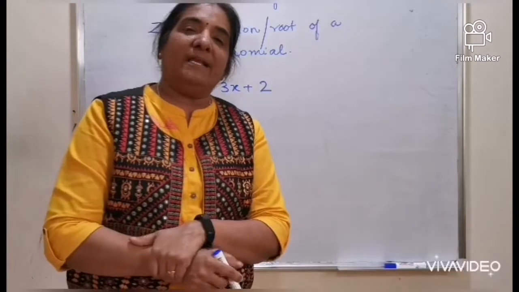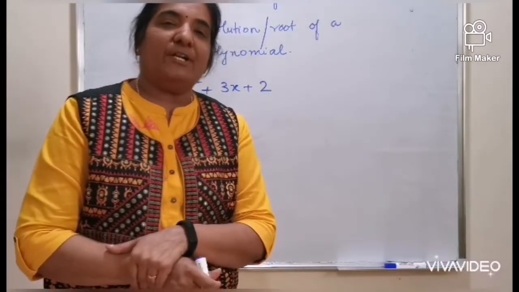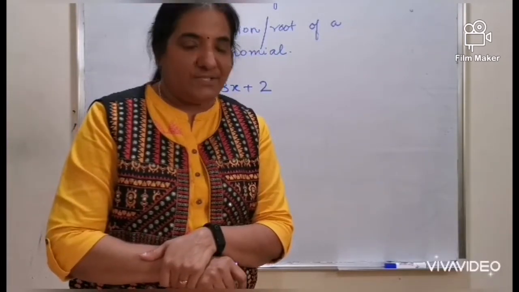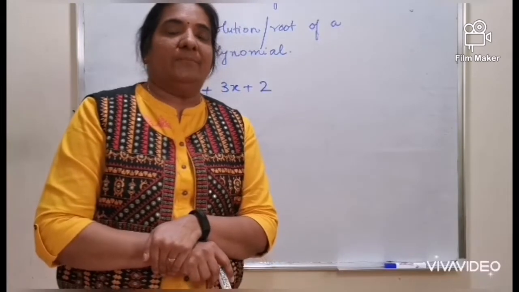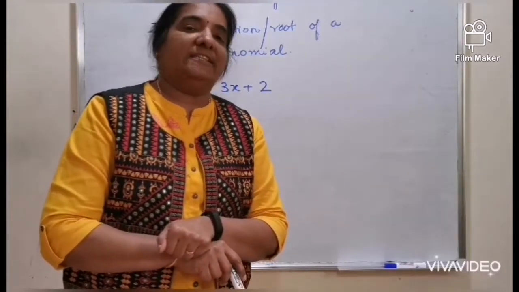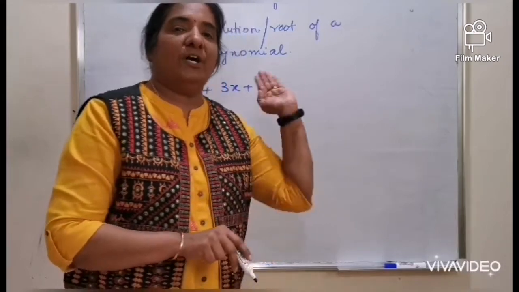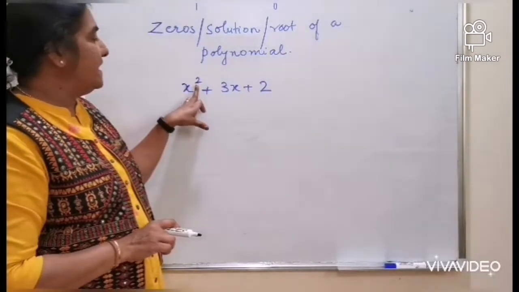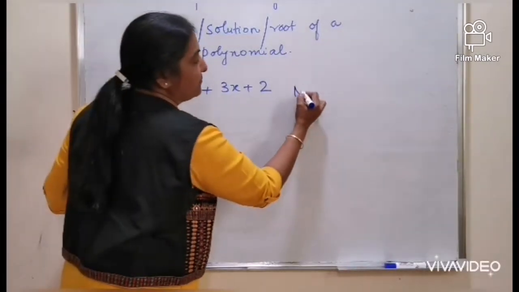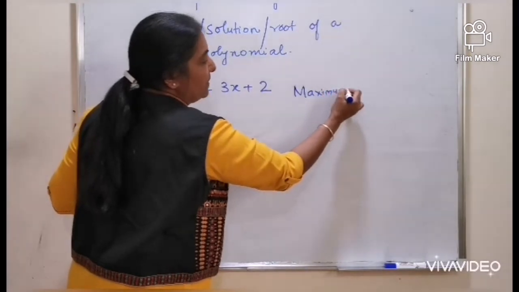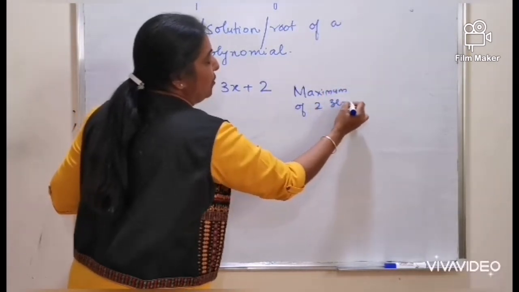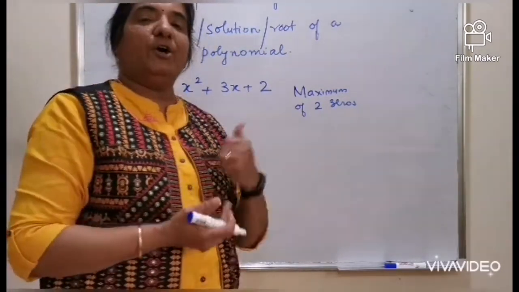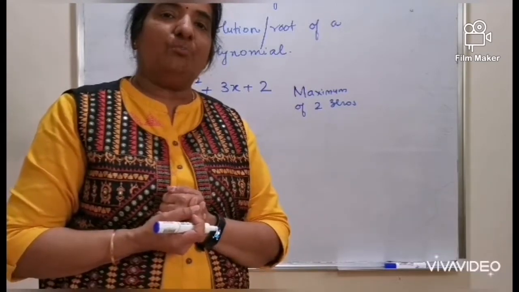When a linear polynomial is explained, a linear polynomial has a degree 1 and so it has a maximum of 1 zero. Comparing with that, what can you guess about the maximum number of zeros for a quadratic polynomial? A quadratic polynomial, since the degree is 2, can have a maximum of 2 zeros, or 2 values of x which can satisfy this polynomial and make it a 0 polynomial.